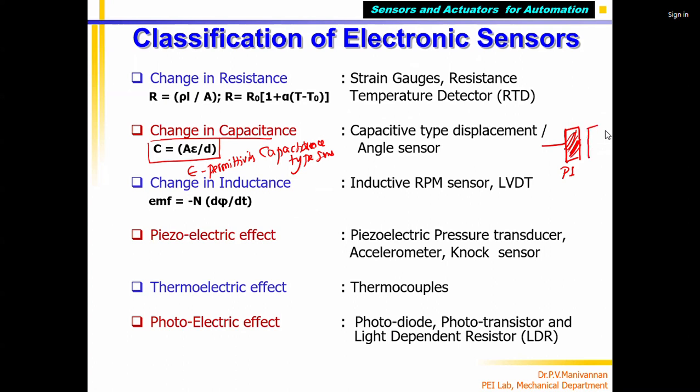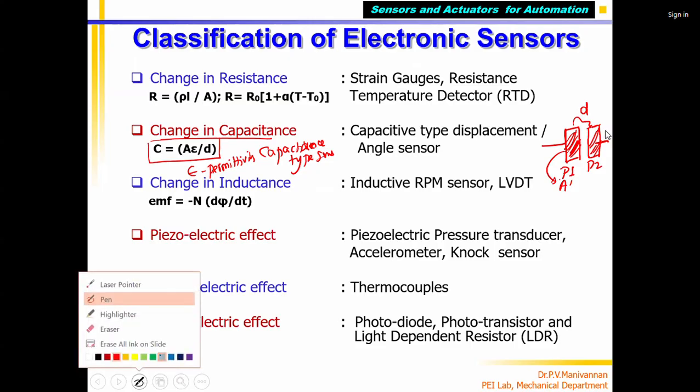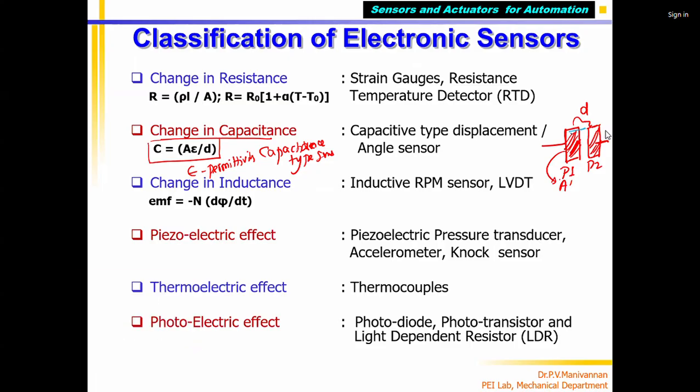I have another plate of the same shape, which I call P2. Between them there's a gap, separated by D. The area of this one is capital A. In between the gap, I can insert a dielectric material having some thickness. For example, D equals 1 mm.